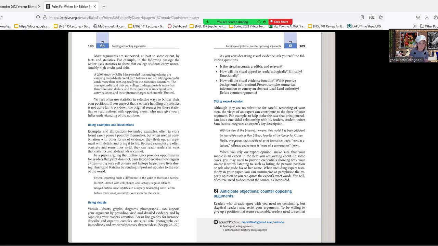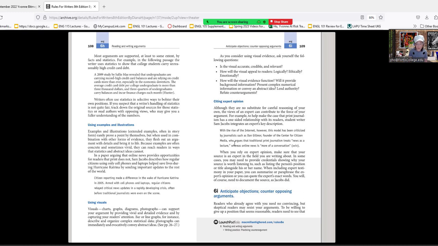Using visuals: charts, graphs, diagrams, and photographs can support your argument by providing vivid and detailed evidence and capturing your reader's attention. Citing expert opinion: although there are no substitutes for careful reasoning of your own, the views of an expert can contribute to the force of your argument.